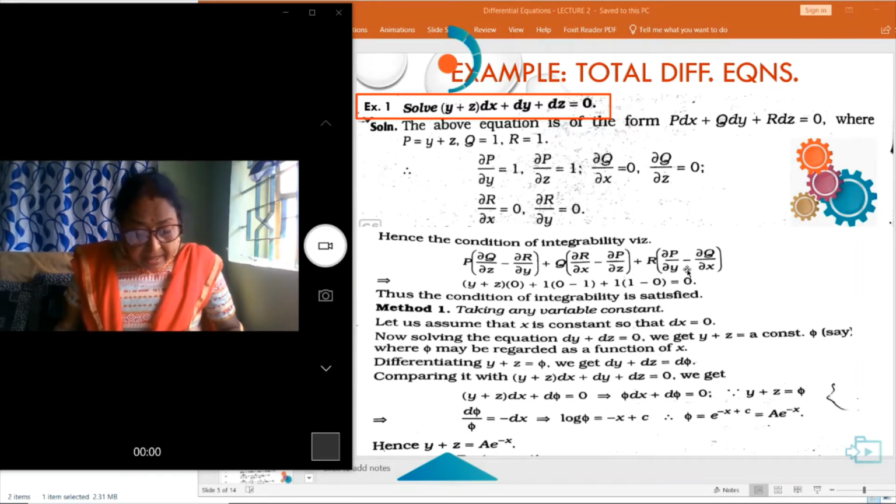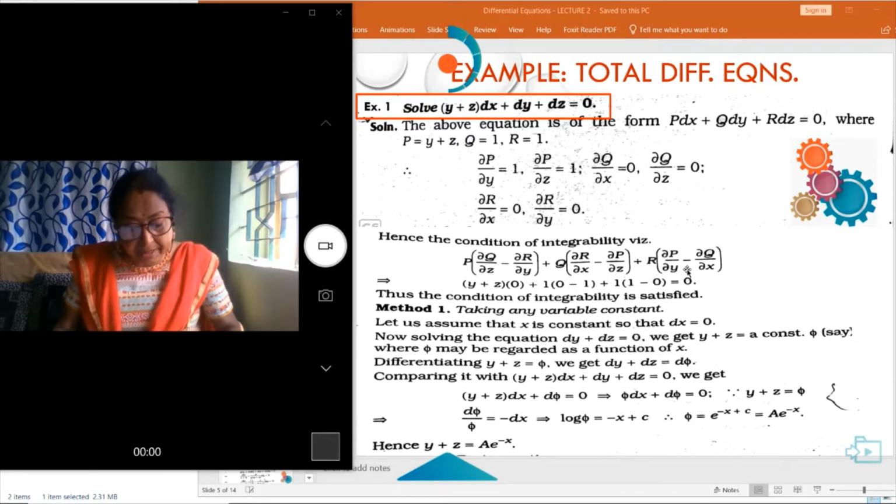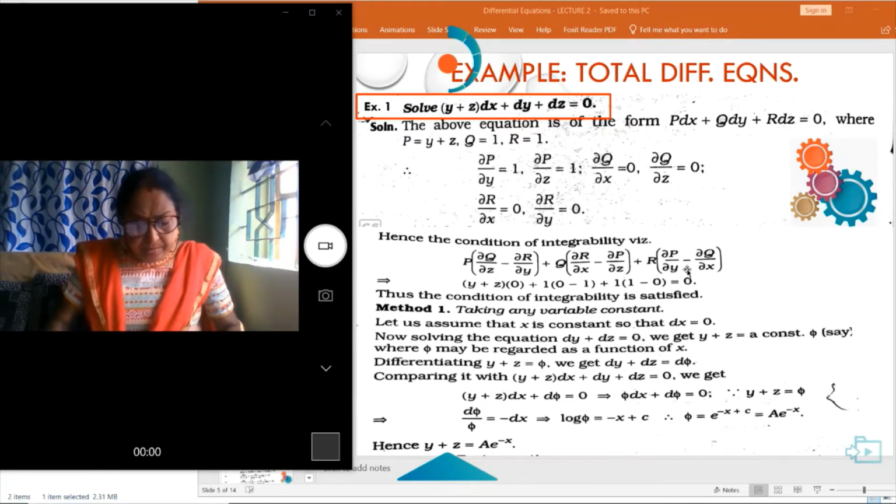Then we take z as constant, here x as constant, so that dx is equal to 0. Here, because the coefficients of dy and dz are separated, no variable is attached with it.